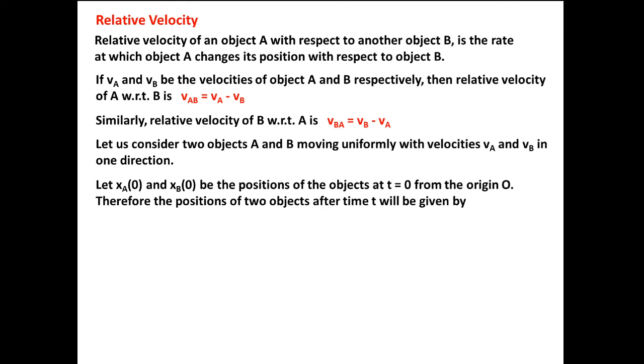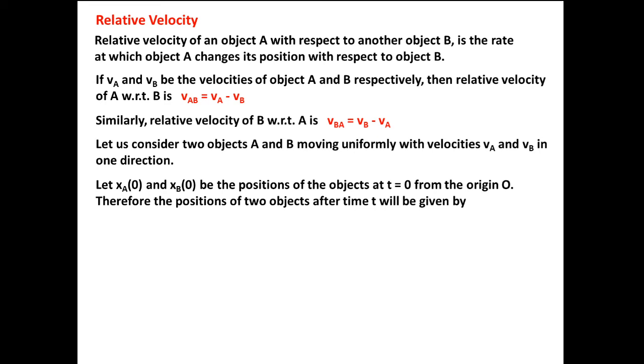Let at t equal to 0 this be the position of A and this one be the position of B. In our daily life, let A be here and B be here, with some distance between these two.